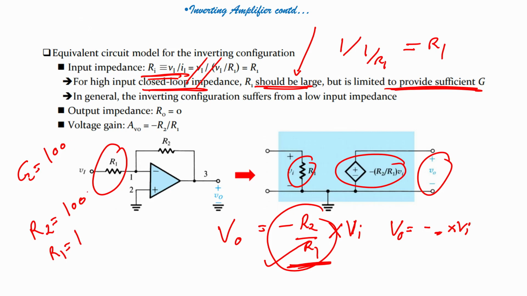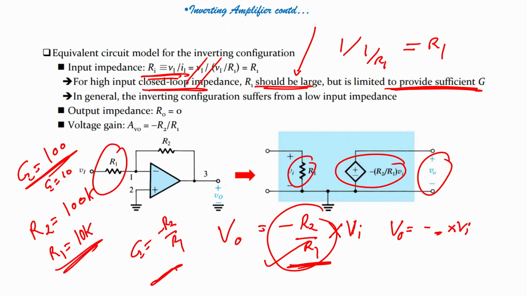So, I can have R2 equal to 100k, R1 equal to 1k, you see. So, it is limited by this gain, even if we want higher. If I put 10k here, my gain will not be 100, my gain will become 10. Why will the gain become 10? Because gain is nothing but minus R2 by R1. So, it is limited to provide sufficient gain.